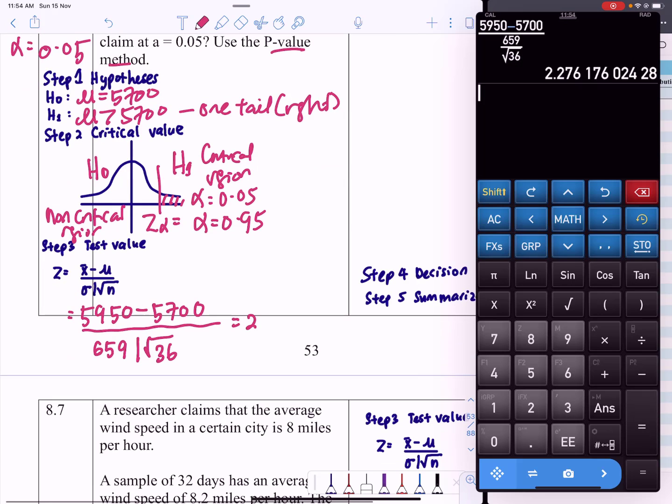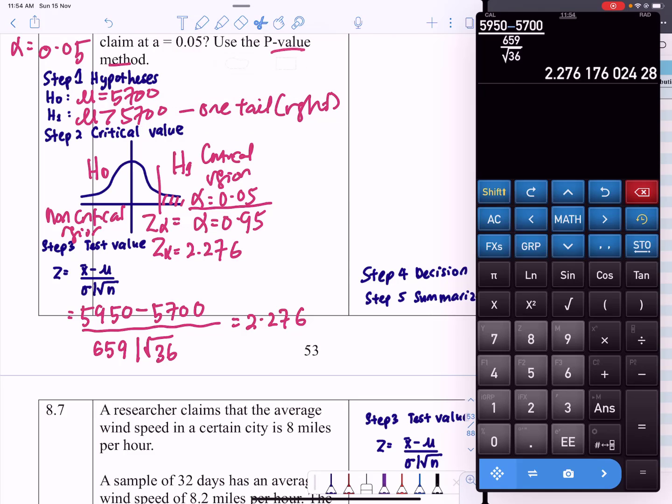We get the value 2.276. The z value equals 2.276.